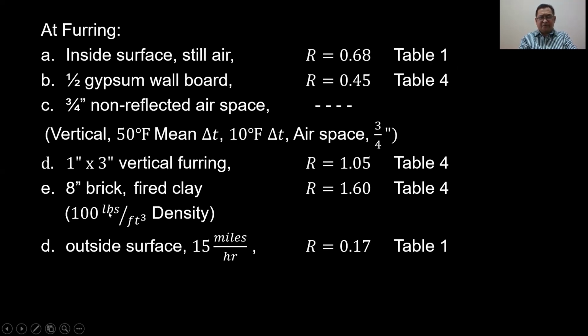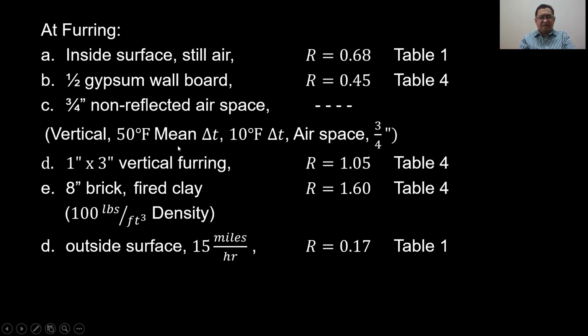So at the furring, when I first saw at the furring, the inside surface having still air, we have the resistance of 0.68, which is taken from table 1, and 1/2 gypsum wallboard is 0.45 taken from table 4, and the airspace, you neglect it.